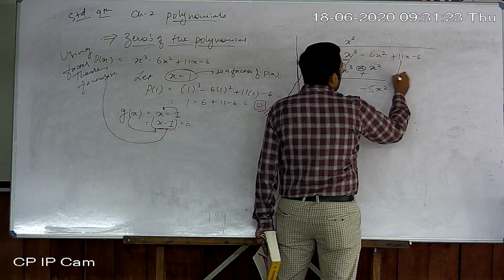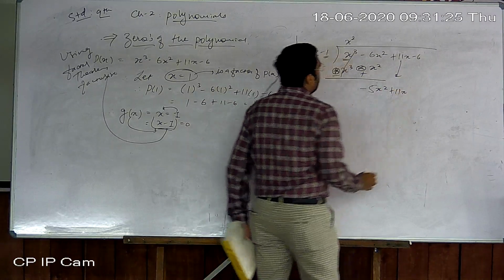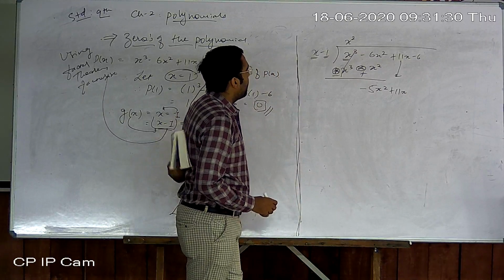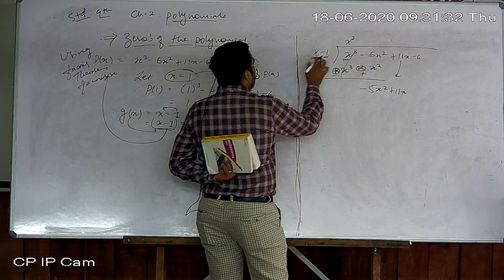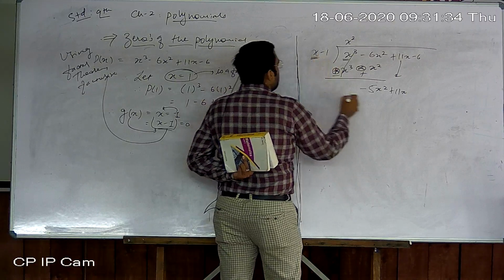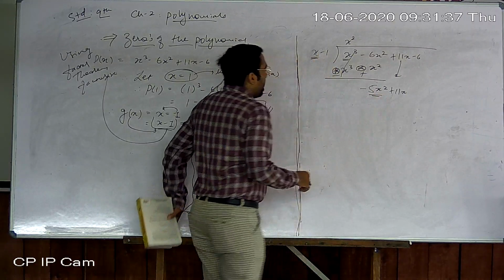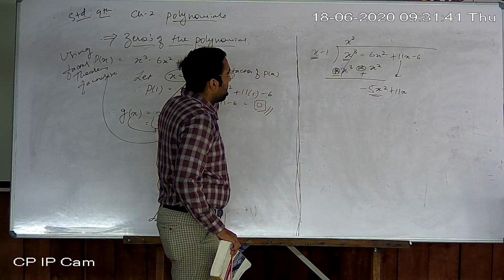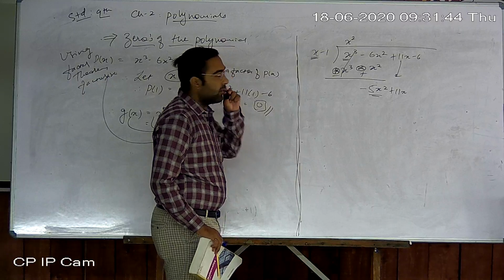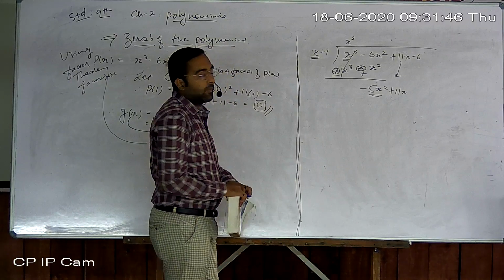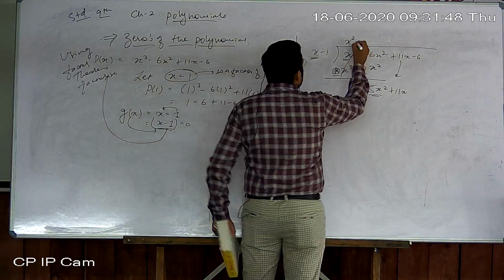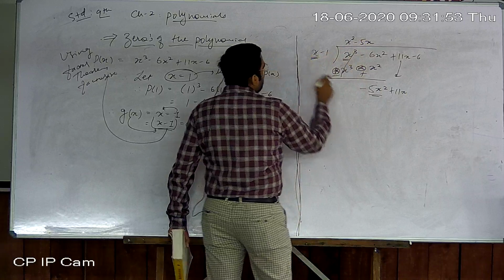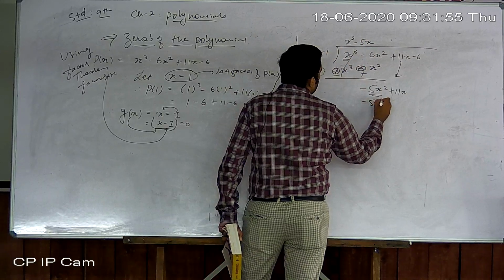Now 11x comes down. So now check the first term again: here is x and here is minus 5x square. Which term multiplied with x gives minus 5x square? I'll multiply minus 5x with x. Therefore minus 5x into x is minus 5x square.